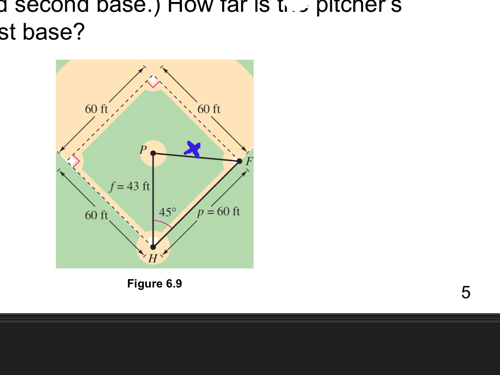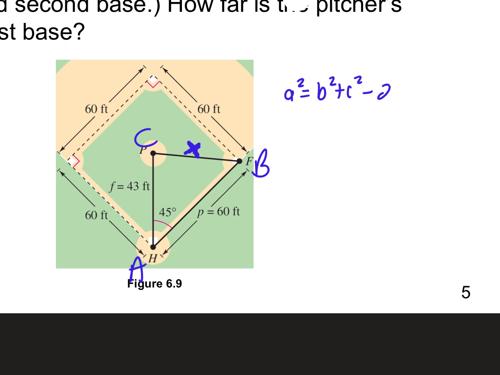Go ahead and designate what side's A, what side's B. If you want to say this is A, this is B, this is C, whatever you want to do. You want to use the A squared one? Okay, so A squared equals B squared plus C squared, minus 2BC cosine A. So let's plug in.